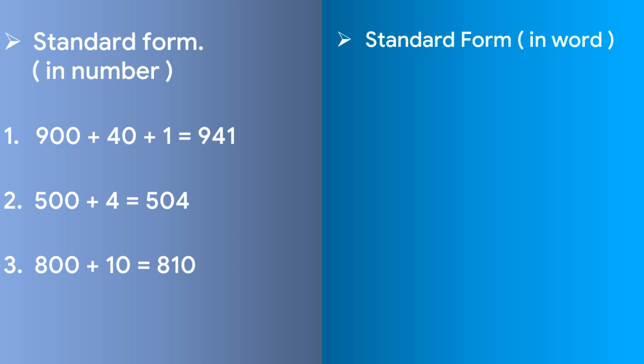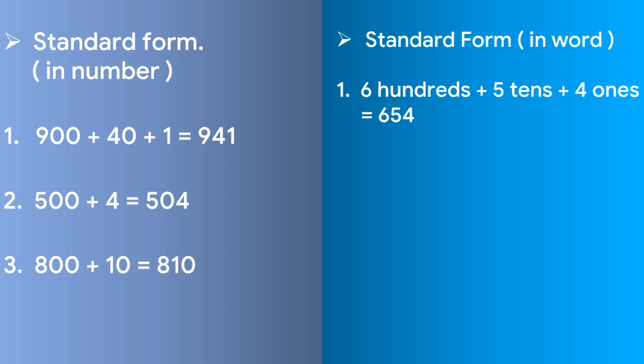Now your next topic is standard form in word. Your first number is 600 plus 5 tens plus 4 ones. Now you have to start from the hundreds place. Before the hundreds they gave 6, so in the place of hundreds you have to put 6. Then in the place of tens you have to put 5, because before the tens they gave 5.